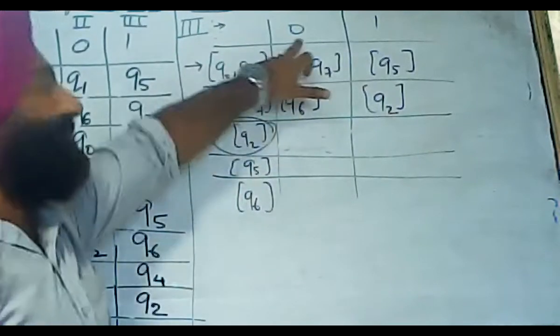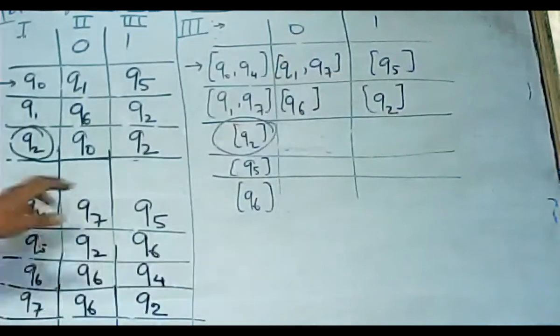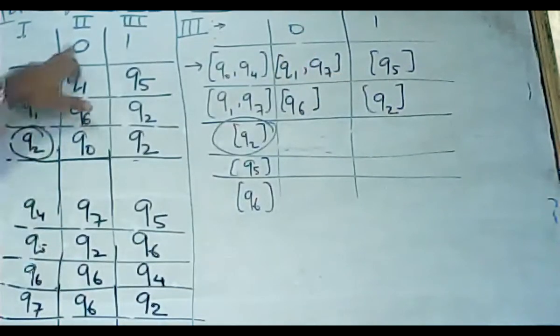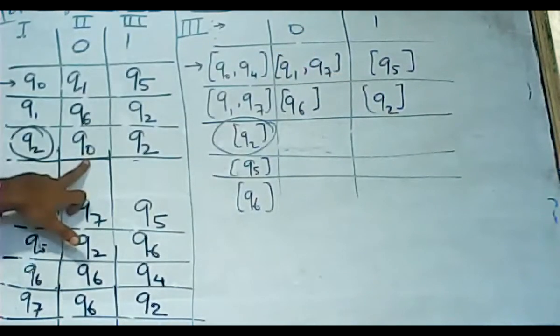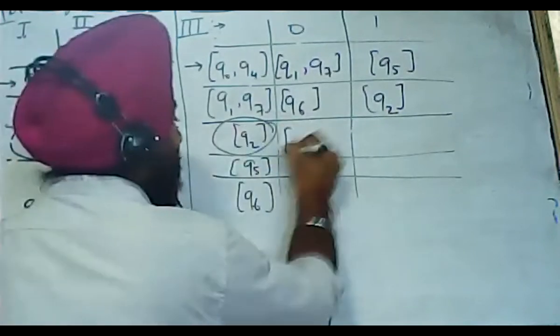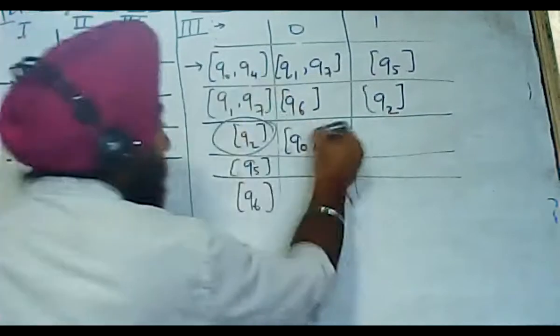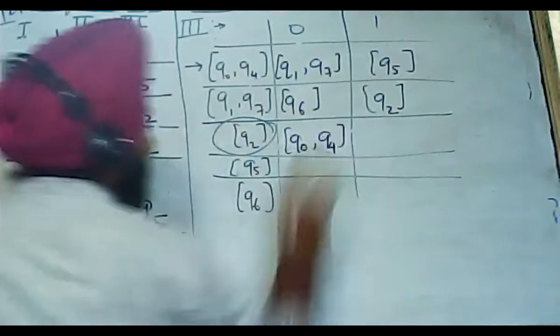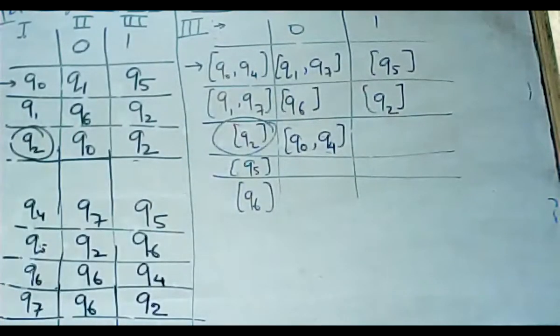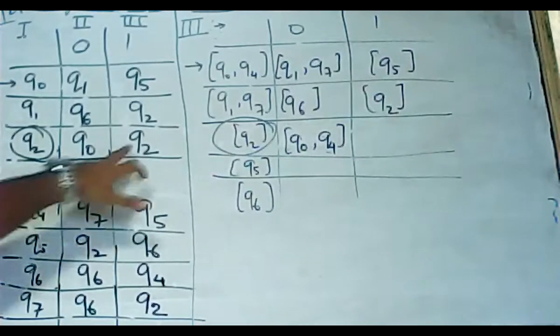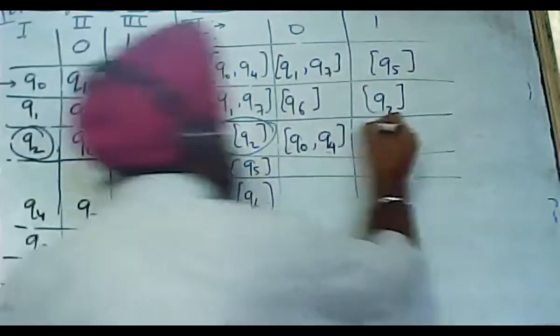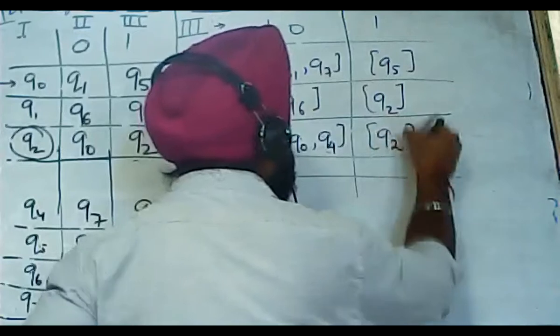Q2 upon the processing of 0 in the original table is going to Q0, but Q0 is having a pair with Q4, so write Q4 as well. Next, Q2 upon the processing of 1 is going to Q2.